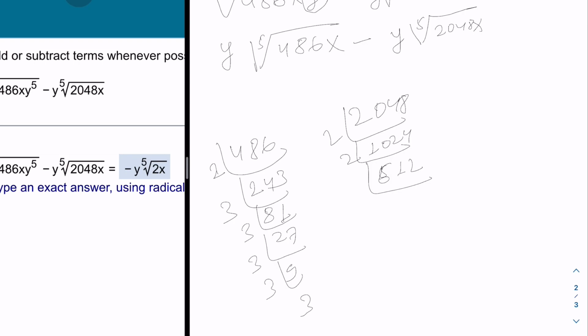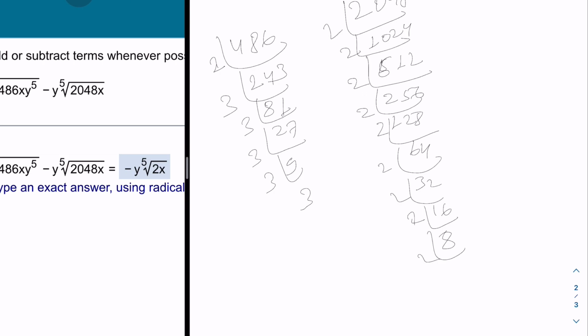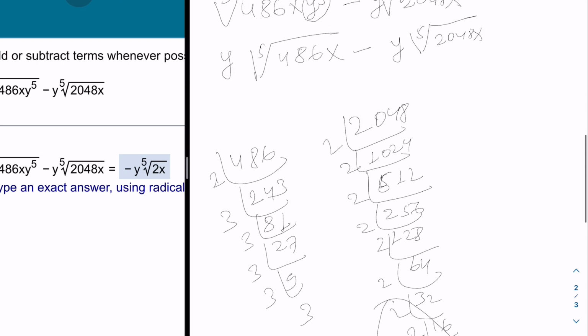Again it's even, so again divide by 2 to get 256, again divide by 2, 128, again divide by 2, 64, again divide by 2, 32, again divide by 2, 16, again divide by 2, 8, 4, 2, 1. So we count 1, 2, 3, 4, 5.